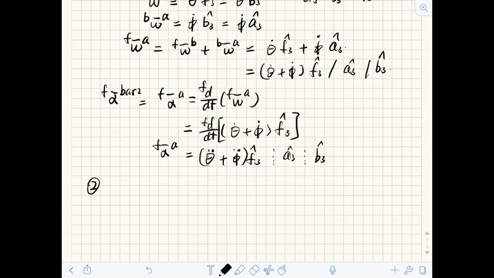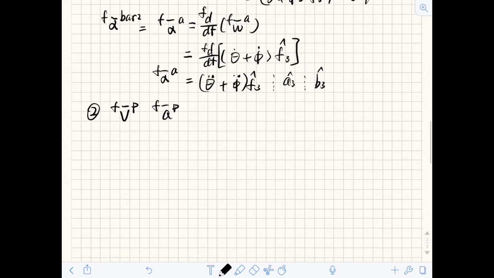Now for the second part, we need to find the velocity of point P in F and the acceleration of point P in F. So let's write down the velocity expansion first.